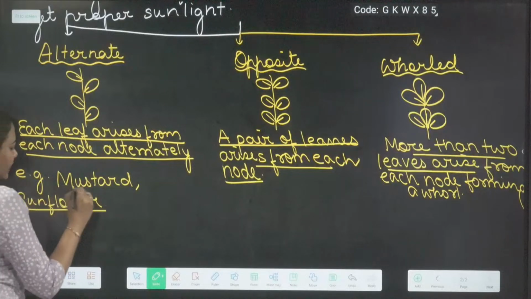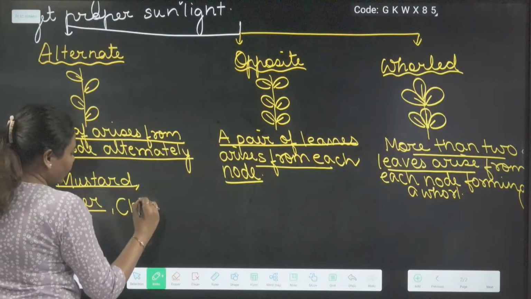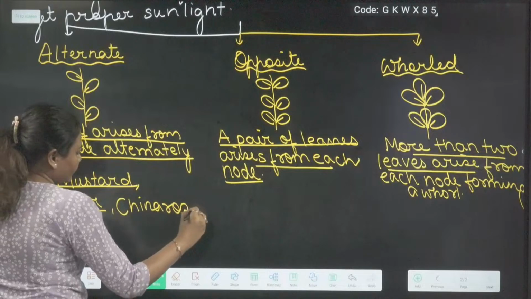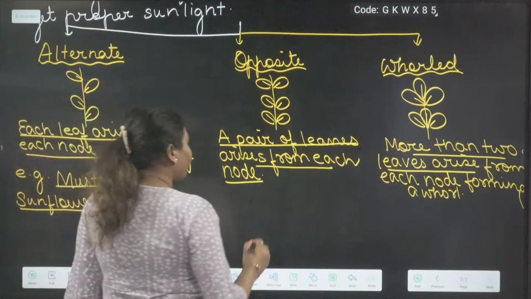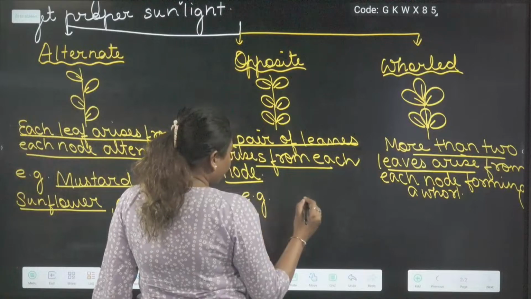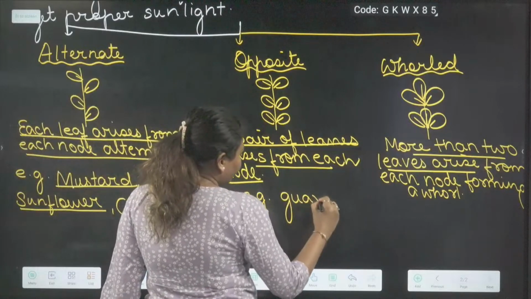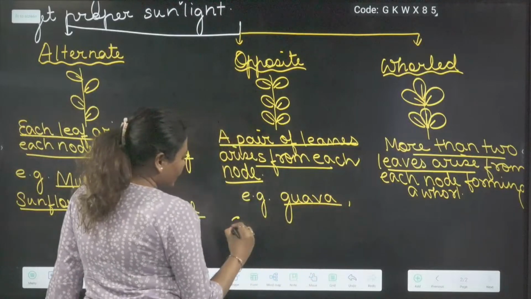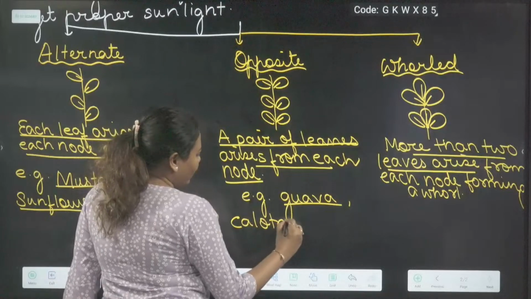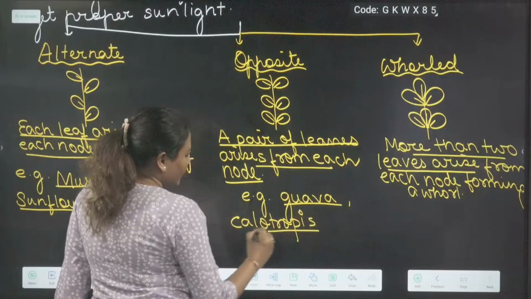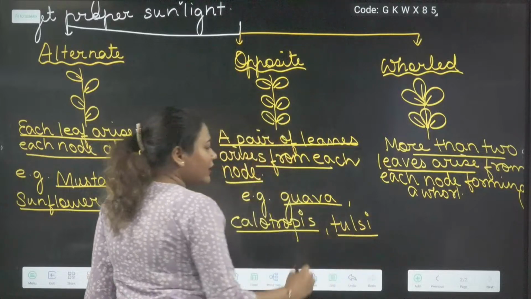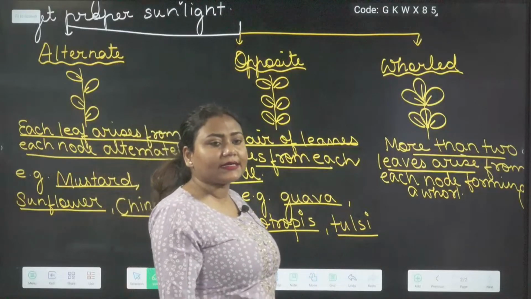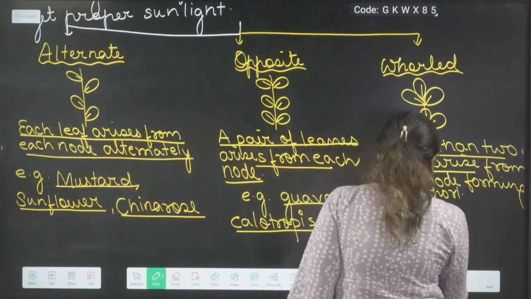What are the examples of opposite Phyllotaxy? Guava, calotropis, tulsi.